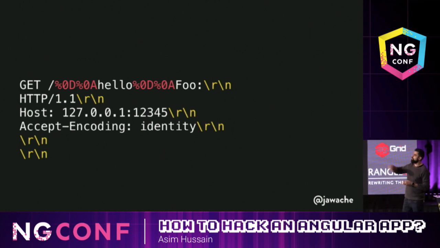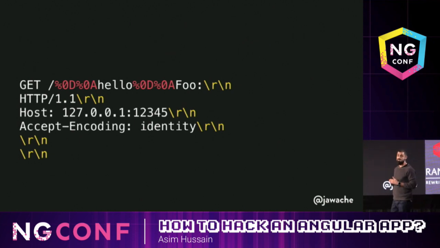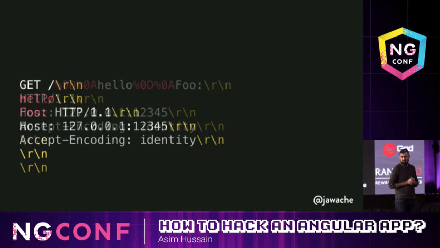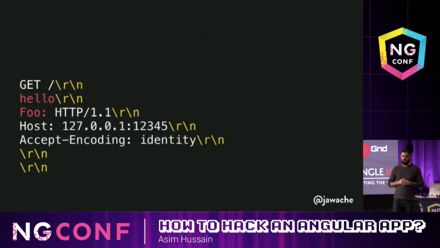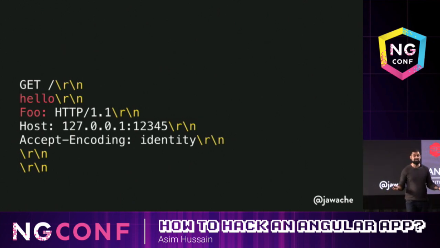Okay? And the other side knows the HTTP message is complete because it sends two carriage return line feeds in a row. All right. But the HTTP connection library converted those 0D0As to carriage return line feed, so it basically turns into this. And this is actually just a malformed HTTP message. If you sent this, it would return back 400 because hello is not part of the HTTP protocol.